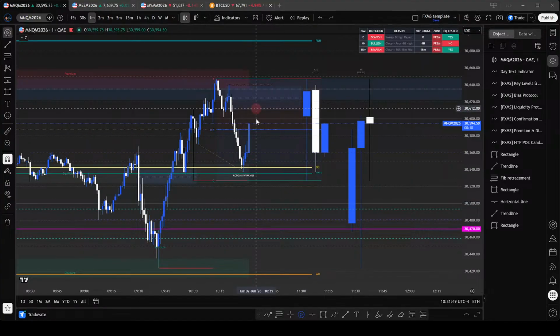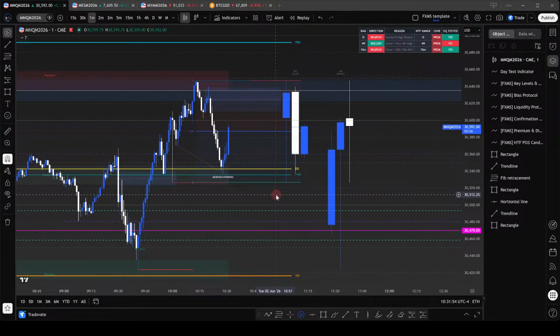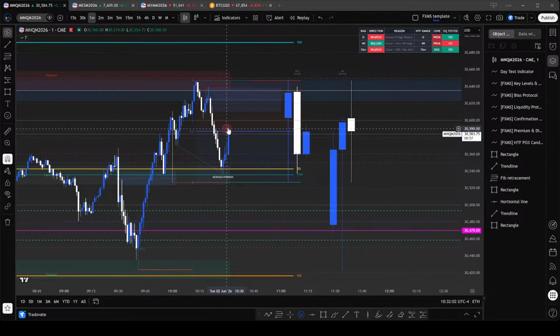Pretty strong push. Okay, 600 level, we did come back and touch this here. Let's see if we get a swing high now.